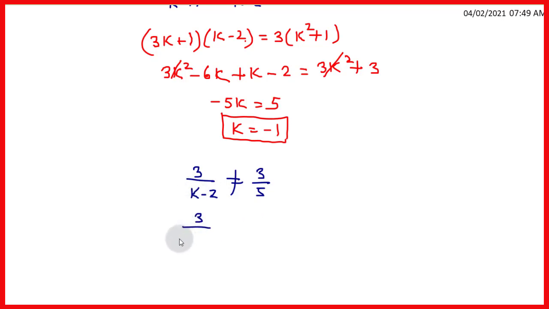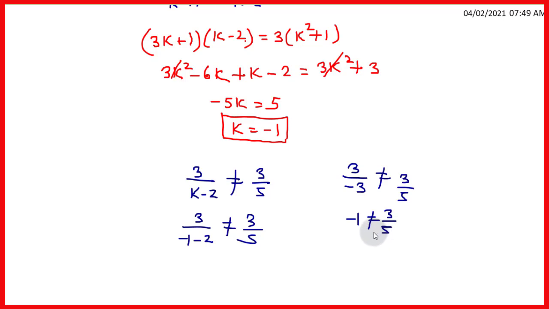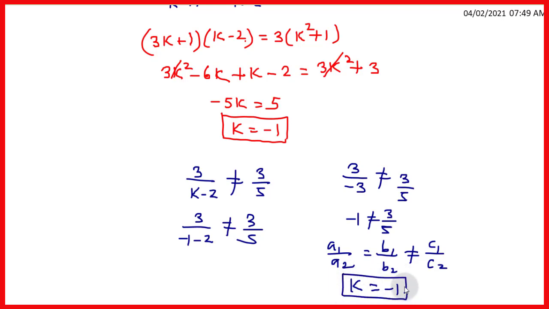So it will be 3 upon minus 1 minus 2, which is 3 upon minus 3, is not equal to 2 upon 5, so minus 1 is not equal to 2 upon 5, and hence it is satisfied. Therefore we can say that A1 upon A2 is equal to B1 upon B2 is not equal to C1 upon C2, and therefore for k is equal to minus 1, the given equation has no solution.